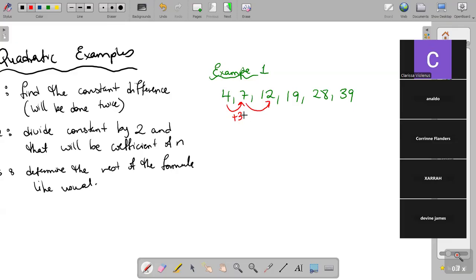Check it again. So what is it? Plus 5. Let's go now. 12 to 19. Good. 19 to 28. Very good. And the last one, 28 to 39.